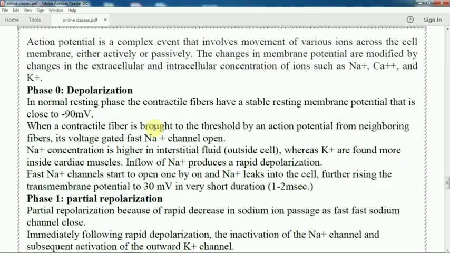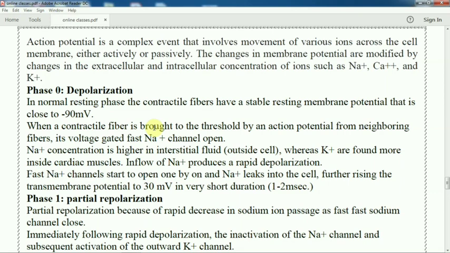A rapid sodium influx takes the potential from minus 90 millivolts up to 30 millivolts, as positive charge enters the cell from outside to inside, whereas potassium is also present inside the cardiac muscle. So this is the depolarization stage.